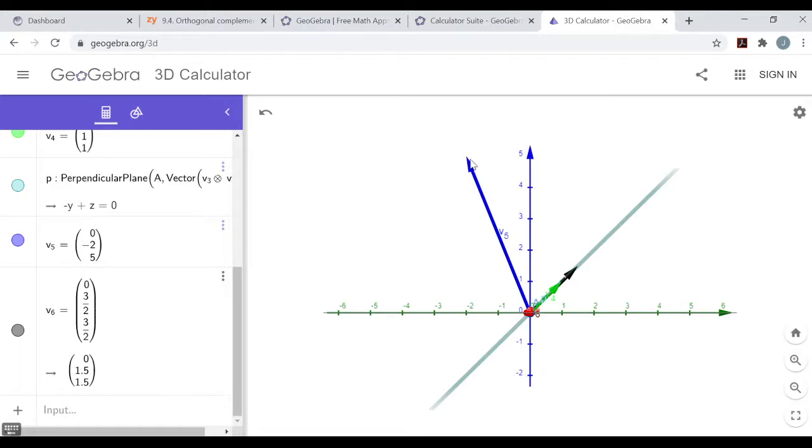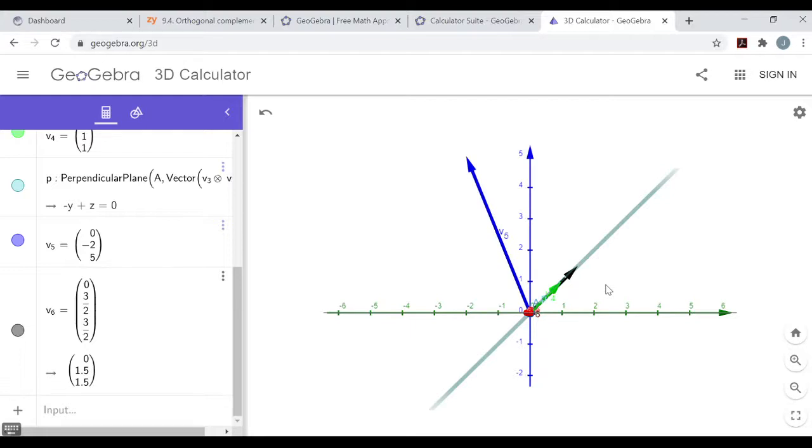That's the projection of the blue vector. The blue vector is 0, negative 2, 5. It's the projection of 0, negative 2, 5 straight onto W. And this should be the shortest distance from the tip of that blue vector to this plane, which would be to the end of that black vector.